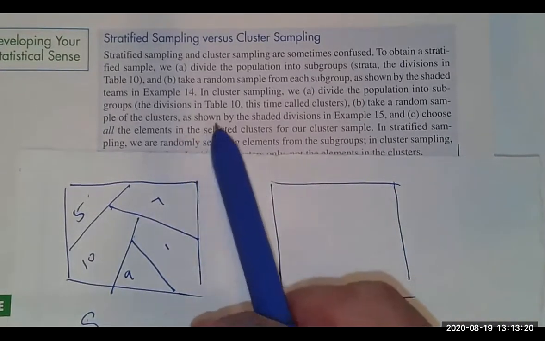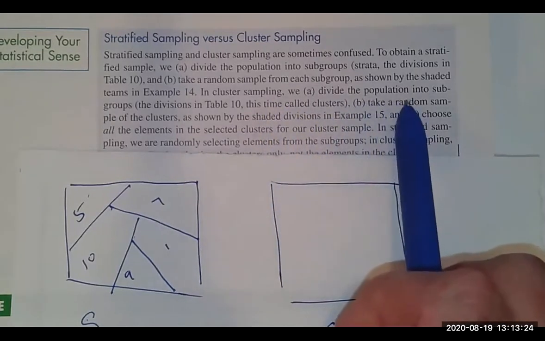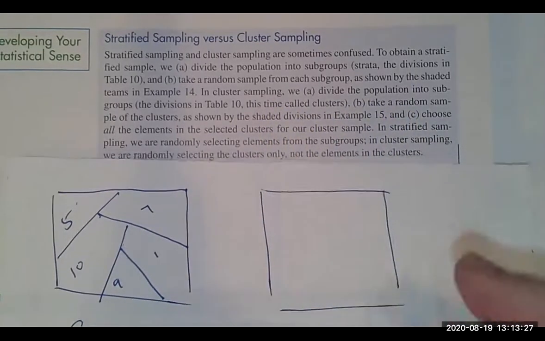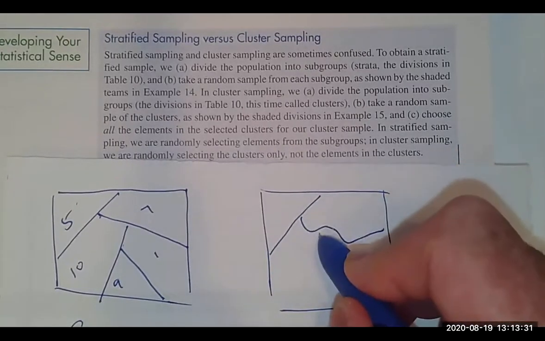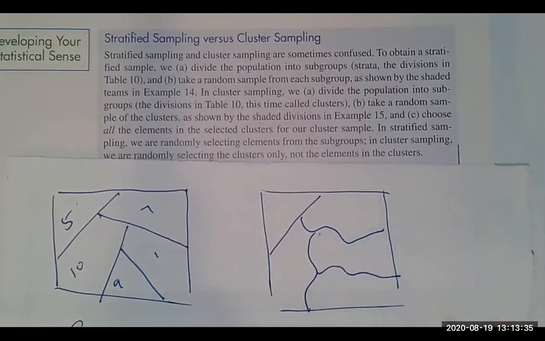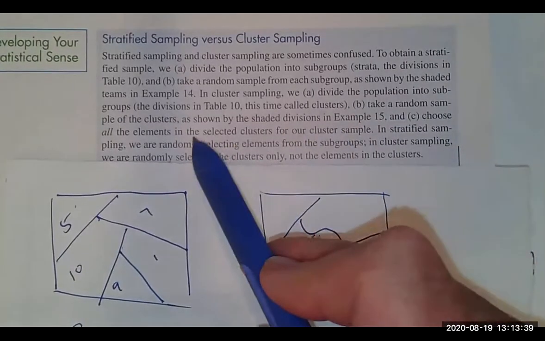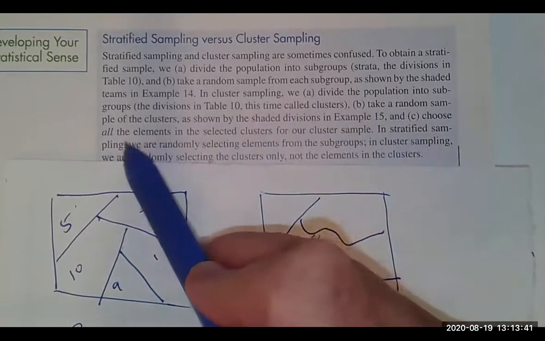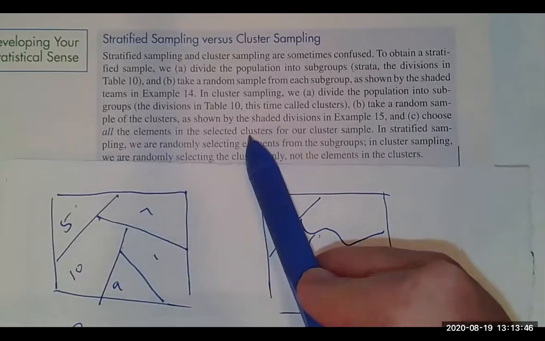Versus cluster, you divide the population into subgroups again. Oh, so you go like this. Let's do 5 subgroups. It doesn't matter what they look like. 1, 2, 3, 4, 5. And you choose everybody in the selected clusters.